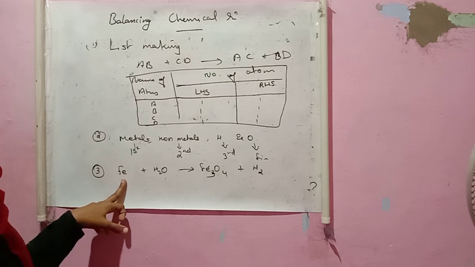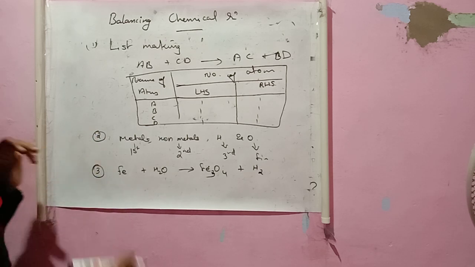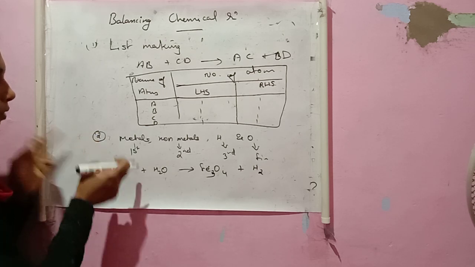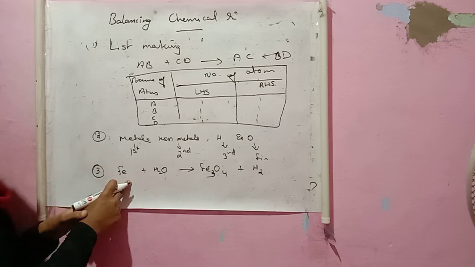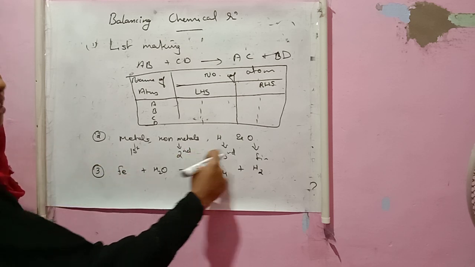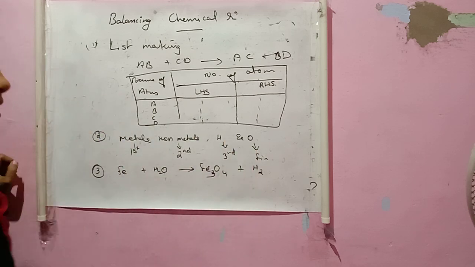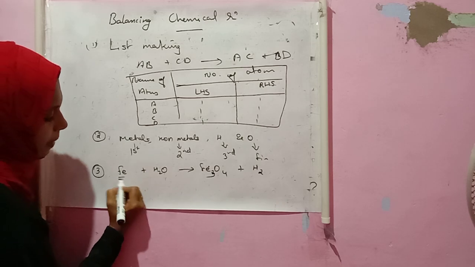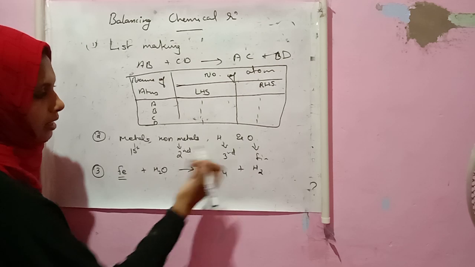So according to the second rule, we need to balance iron first, then hydrogen, then oxygen. But here we are not balancing iron first, and not hydrogen. Why?